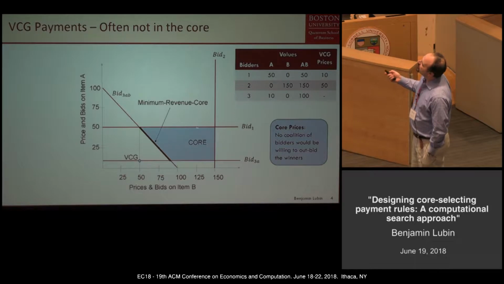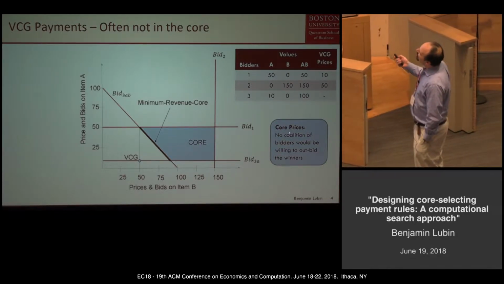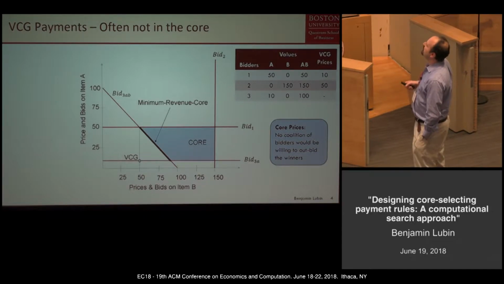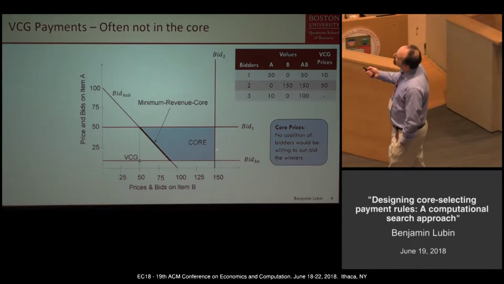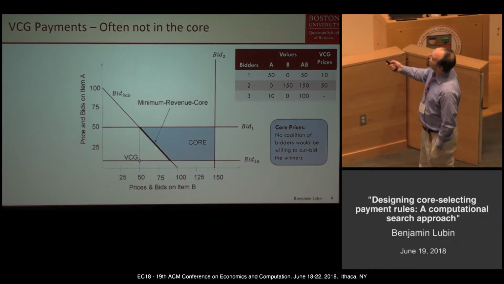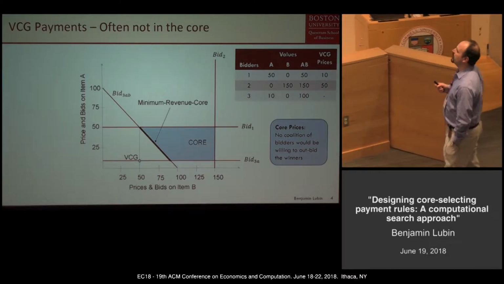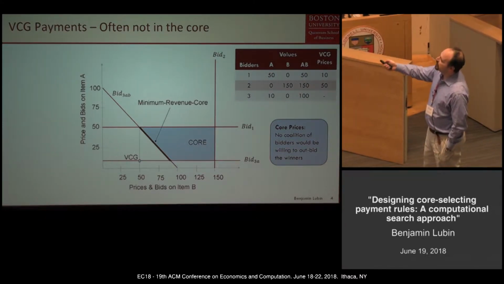And the payments that are in this blue region are what's called the core. For prices in that region, no coalition of bidders would be willing to outbid the winners. And then among those prices, we're going to be interested in the so-called minimum revenue core, which is to say those prices that are best for bidders. And as we just saw, it can often be the case that VCG is outside that set.